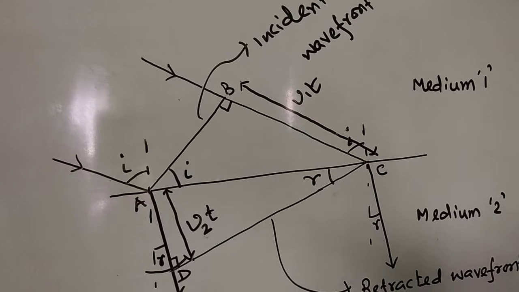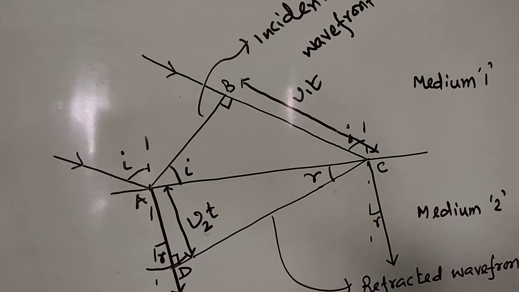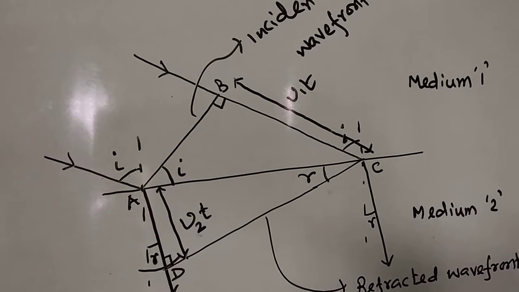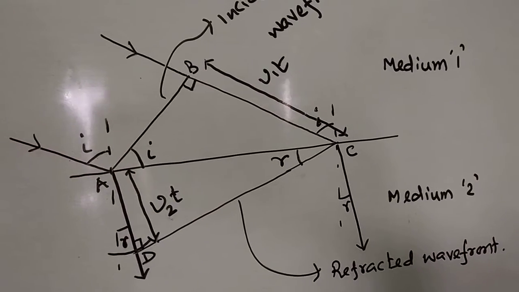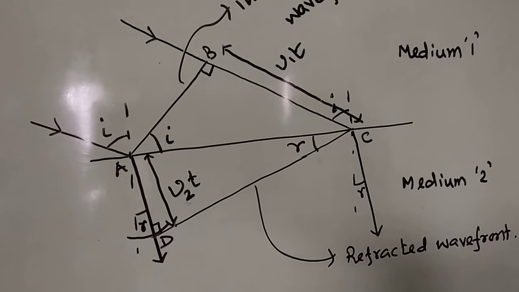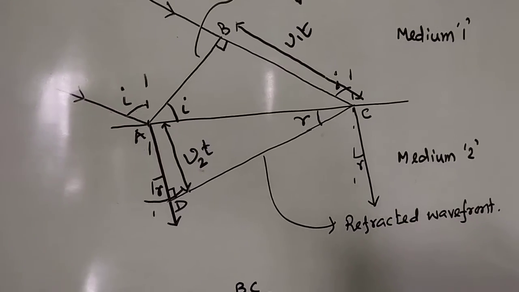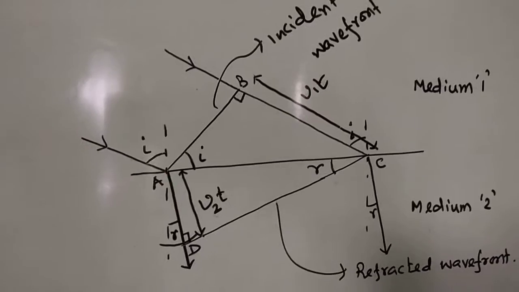At the point of striking, we have drawn a normal, and angle i is the angle made by the incident ray with the normal. This ray suffers refraction, and angle r is the angle made by the refracted ray with the normal.